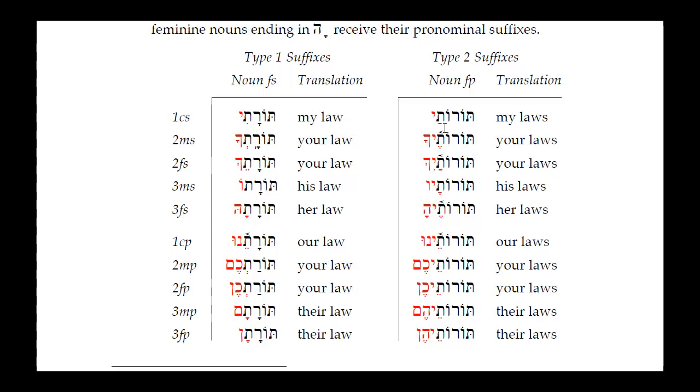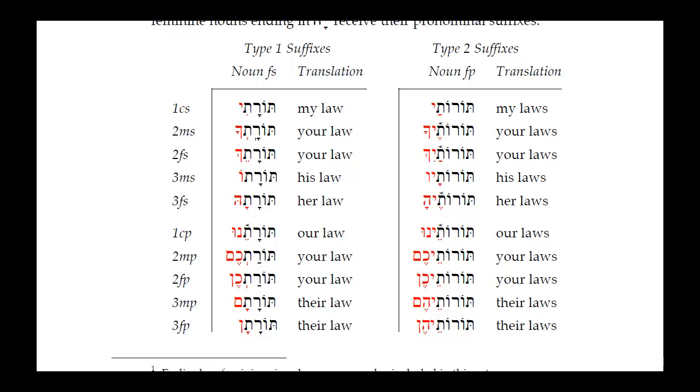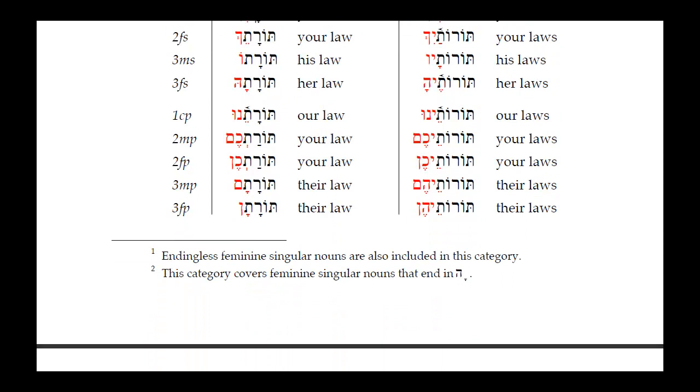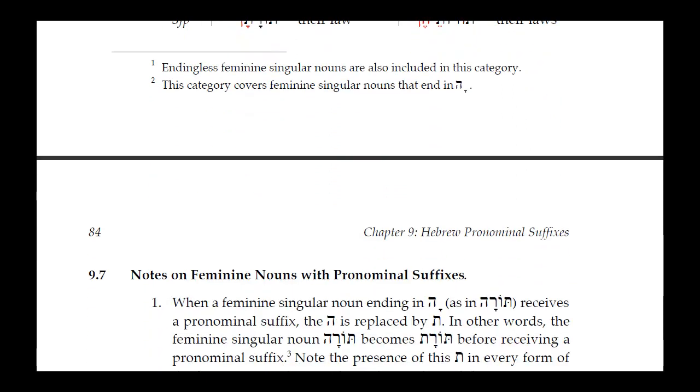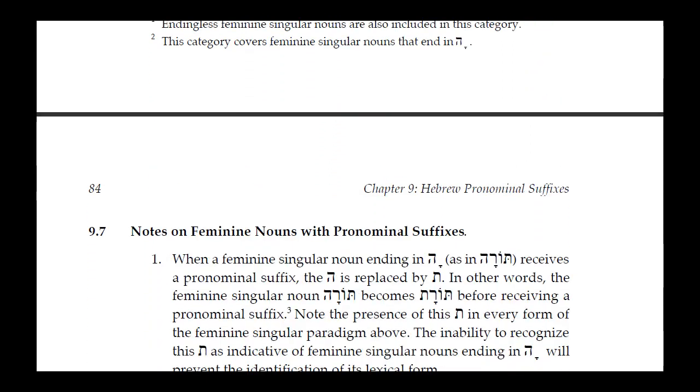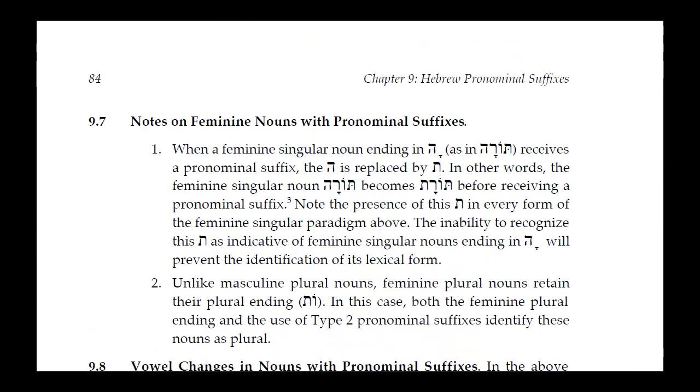And besides just getting used to the pronominal suffixes, that's the only thing you have to learn here. Okay, let's go ahead and look through the notes. When a feminine singular noun ending in comments hey, as in Torah, receives a pronominal suffix, the hey is replaced by the tav. Now that's pretty simple, it just drops off.